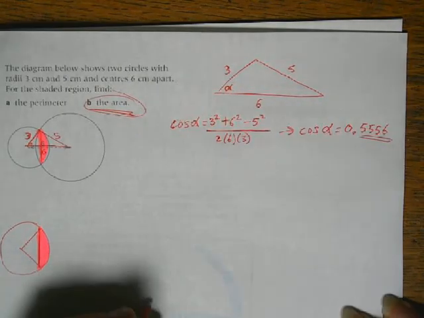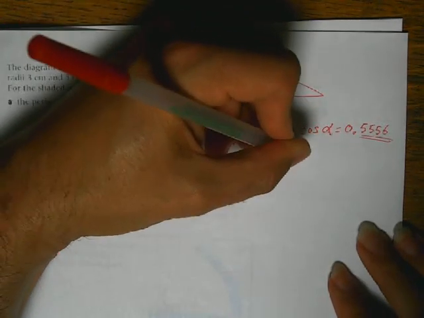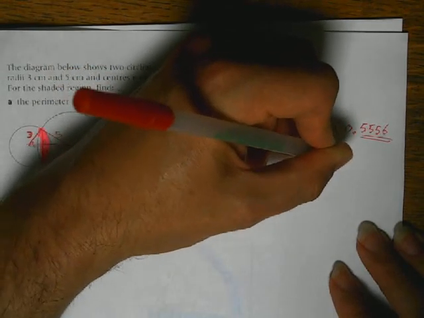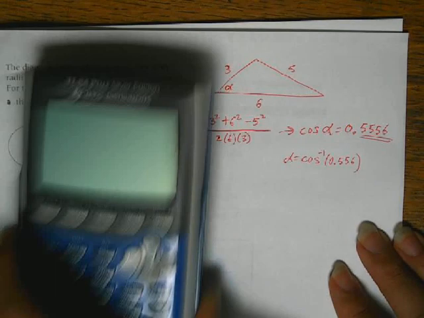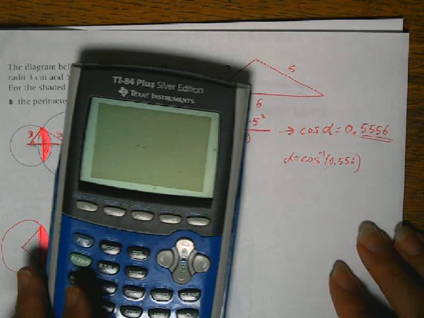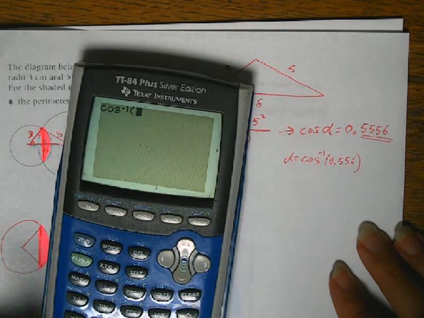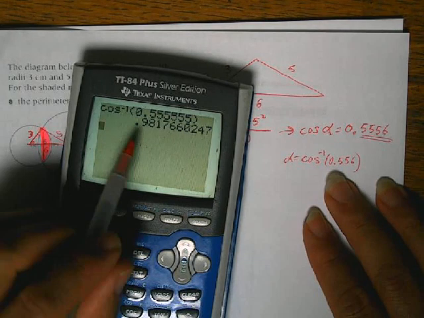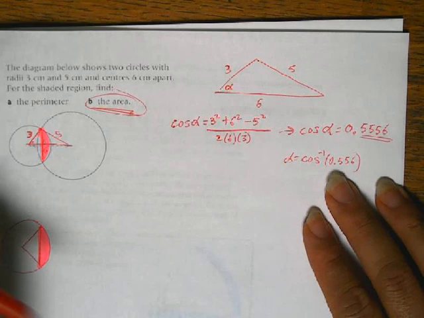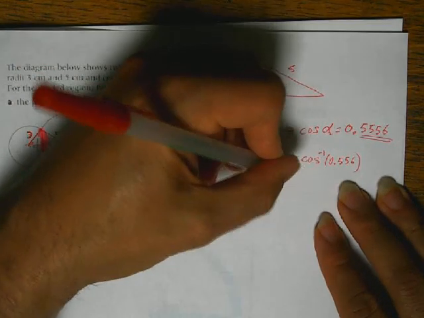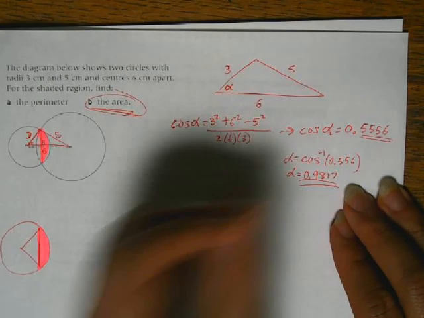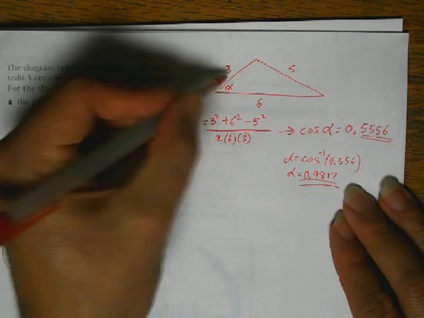And then to figure out alpha, we know that it's the inverse cos of that decimal. So if I type in second cos 0.555 repeating, we get 0.9817. Okay, so that's this angle here.